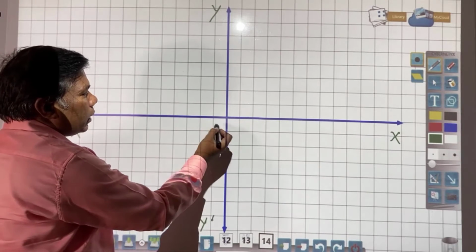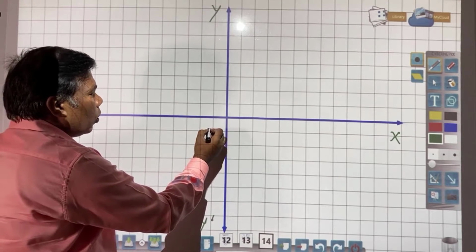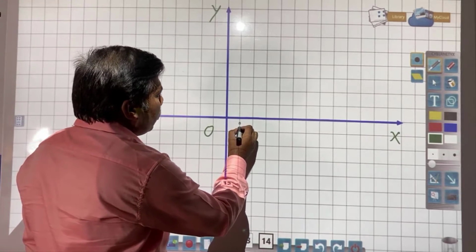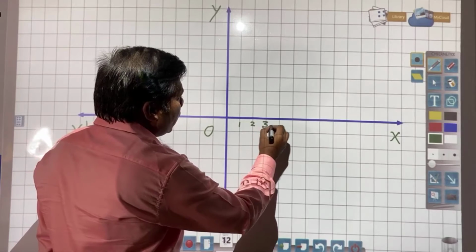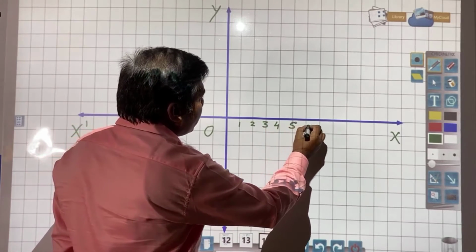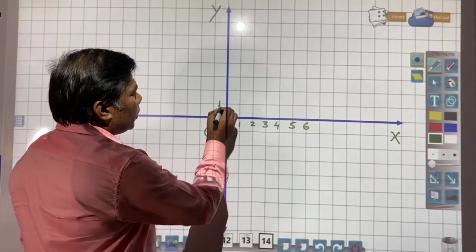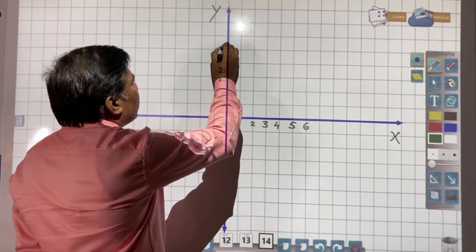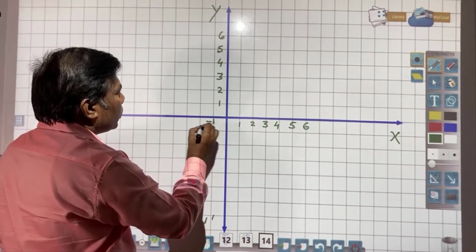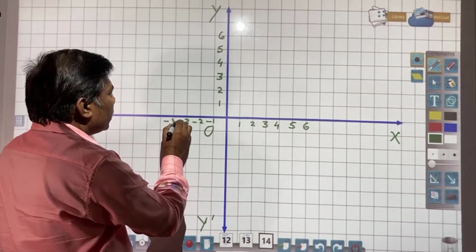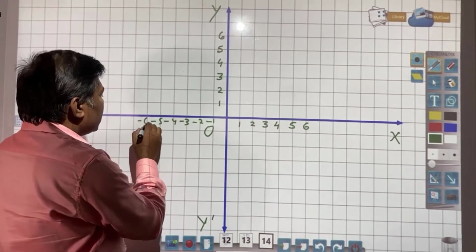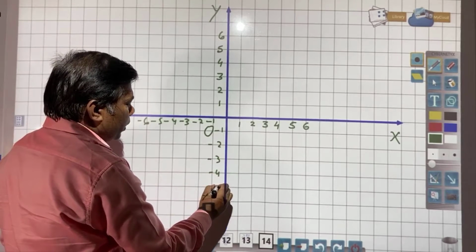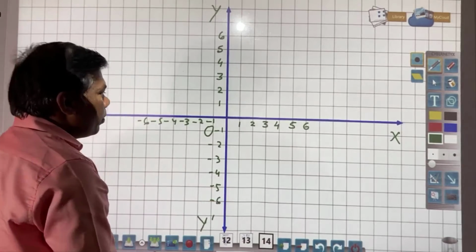This is your origin. You can name it O, where numbers start with 0. And this is 1, 2, 3, 4, 5, 6 and so on, positive numbers. This is minus 1, minus 2, minus 3, minus 4, minus 5, minus 6 and so on.